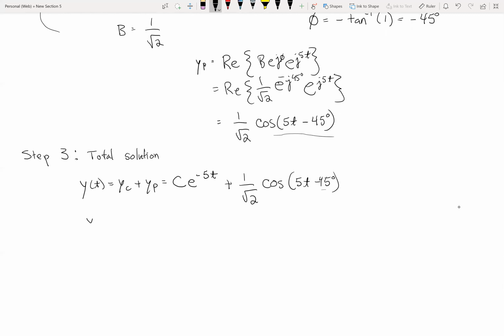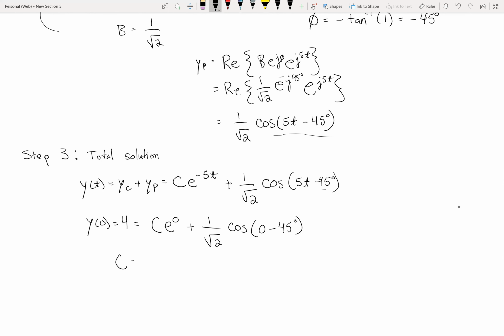Now, up top, I had that the initial condition was that y of 0 was equal to 4. So I plug that into y of t. That gives me c e to the negative 0, c e to the 0, plus 1 over square root of 2 cosine of 0 minus 45 degrees. e to the 0 is always 1.